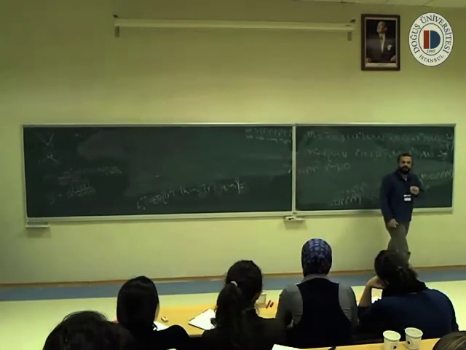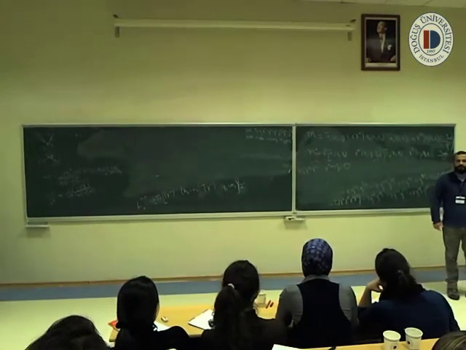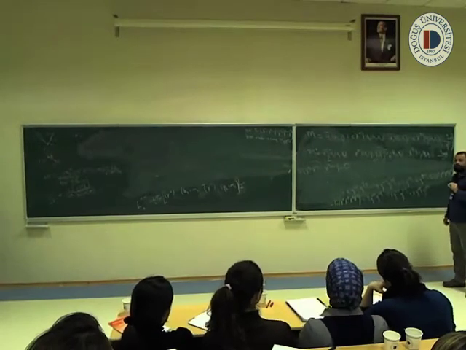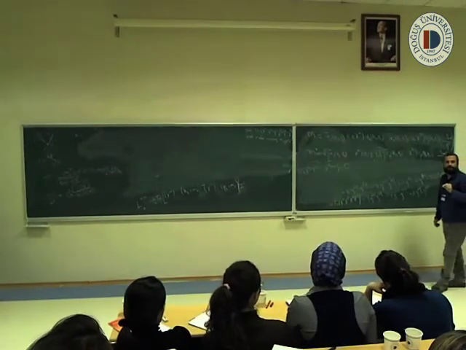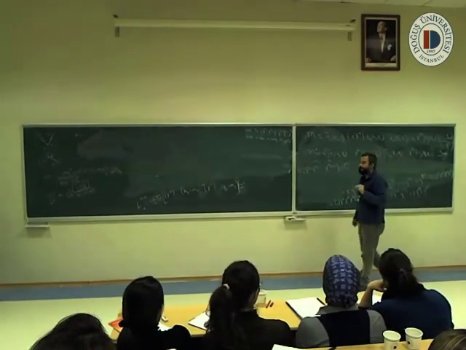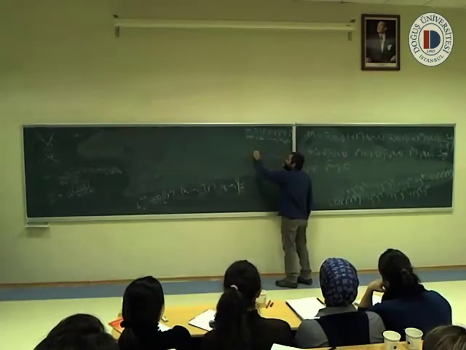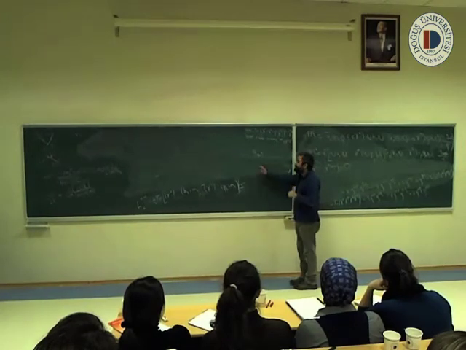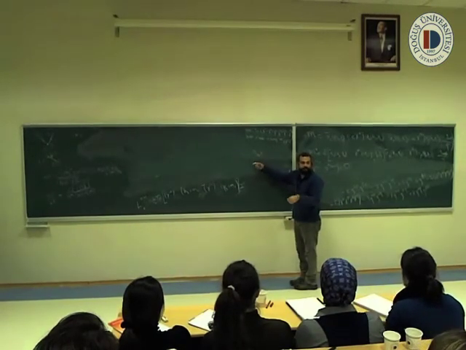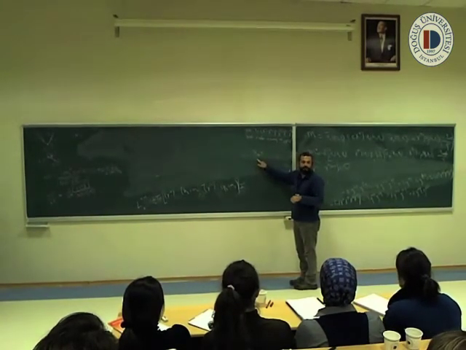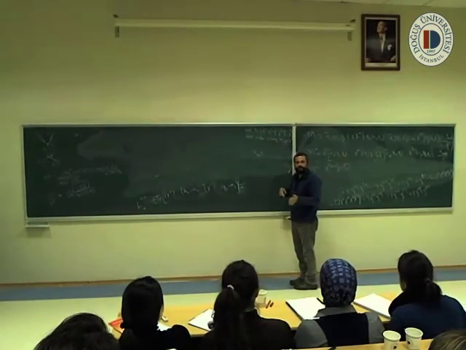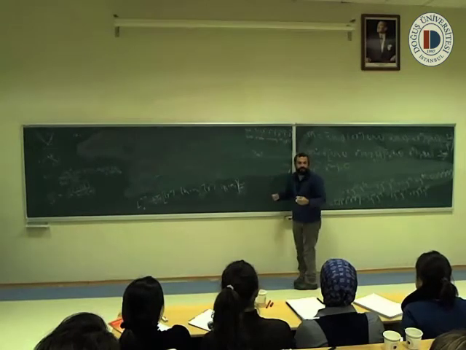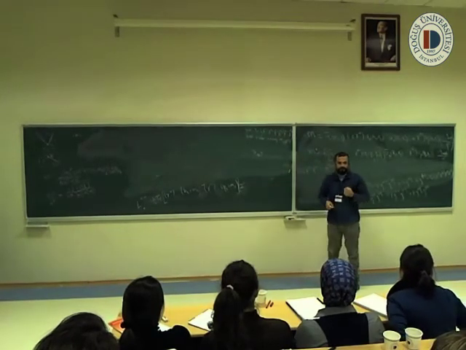Let me give you an example from atomic physics. What will change in atomic physics? Does anybody know the expression for the Bohr radius of the hydrogen atom? What is the dimension of length in the natural units that we are using now? The length has the dimension of 1 over the energy.